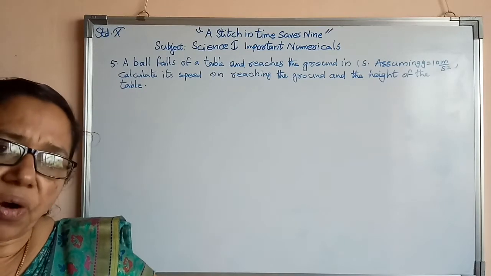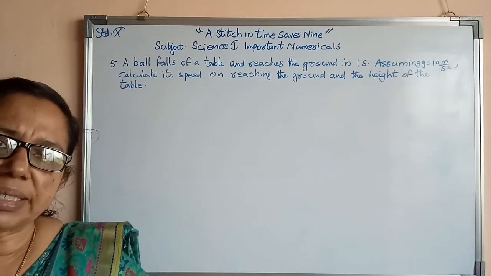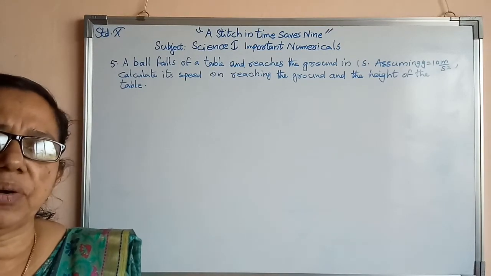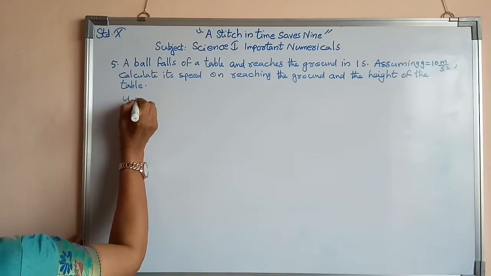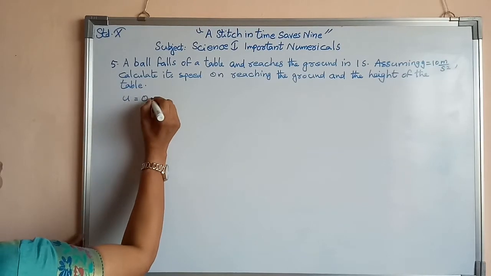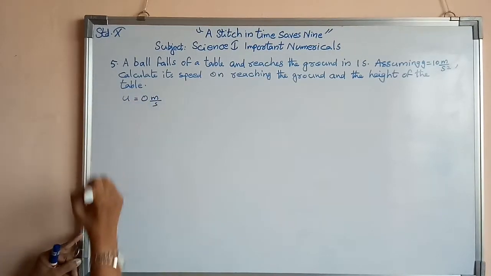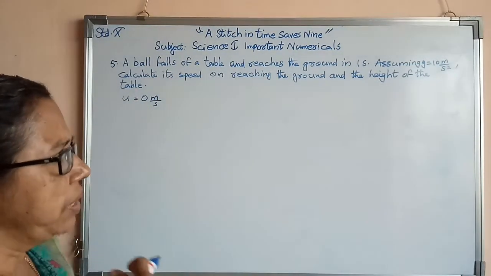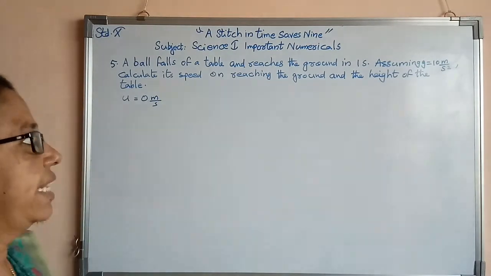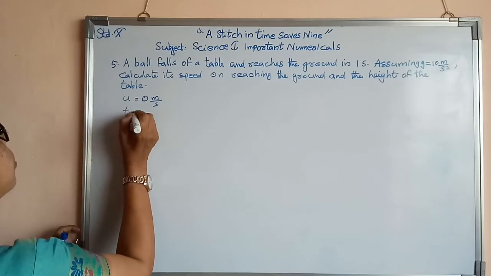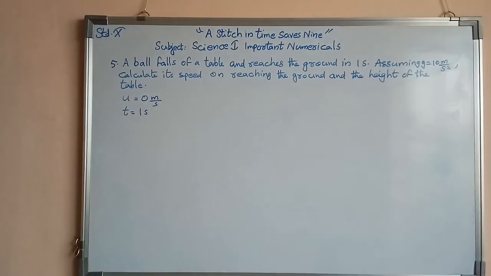The ball falling from a table means the initial velocity of the ball is 0. So initial velocity u is equal to 0 meter per second. The time taken to fall from the table is 1 second. So t is equal to 1 second.